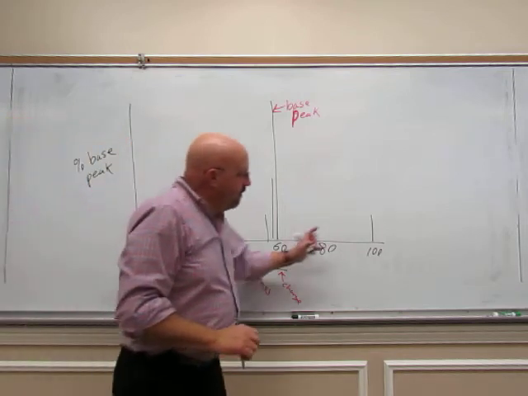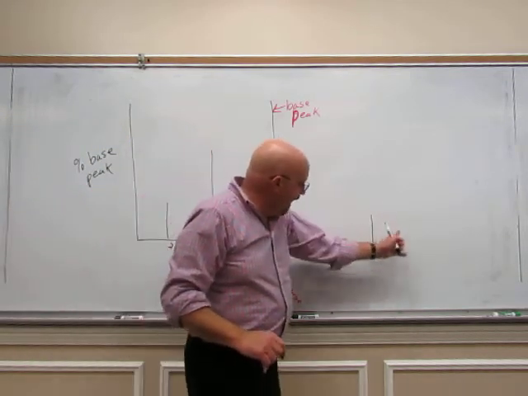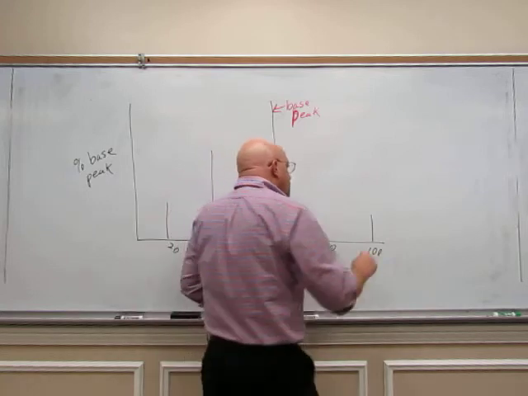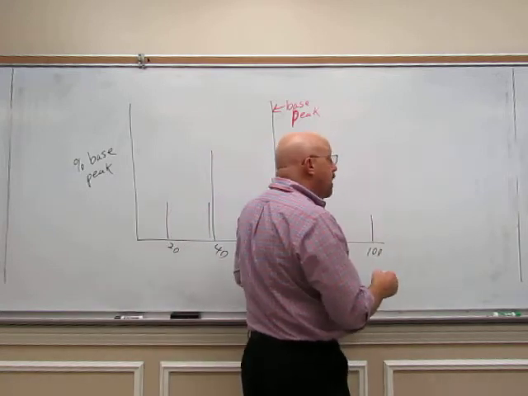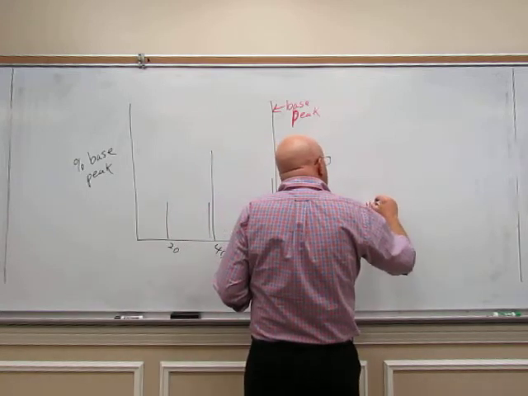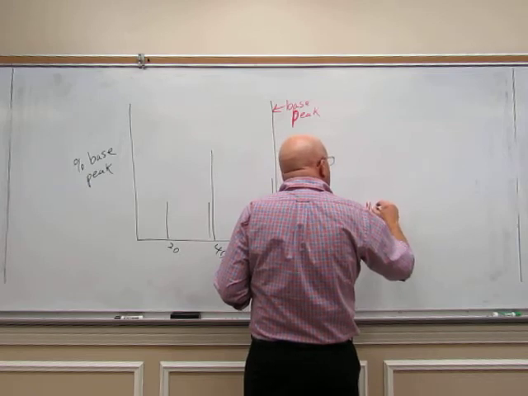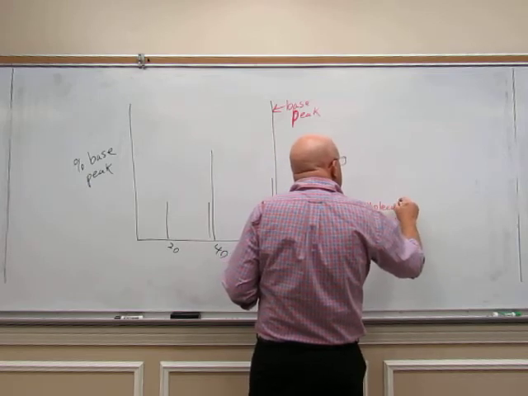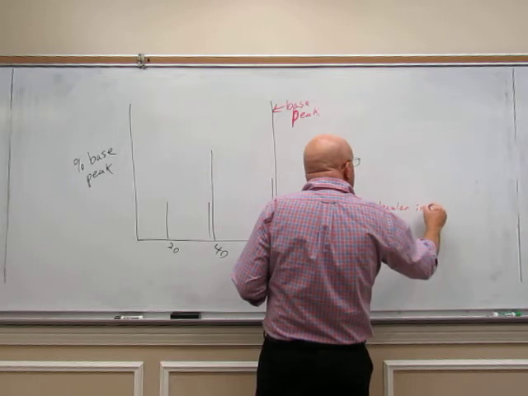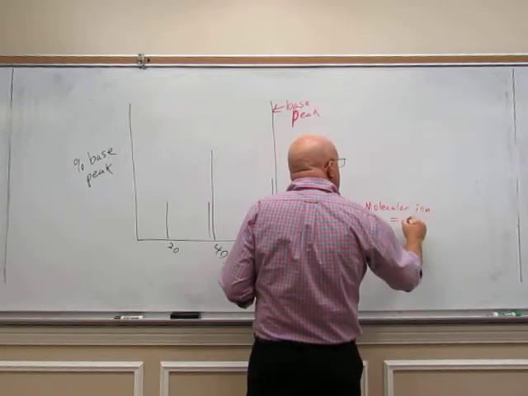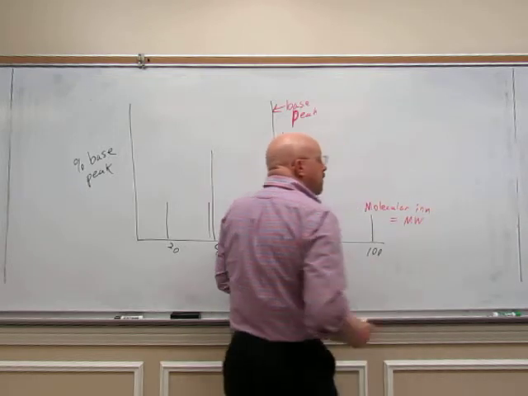The one that is the furthest to the right, the highest numbered one, normally corresponds to your molecular weight. This is called the molecular ion, and it equals the molecular weight of the molecule.